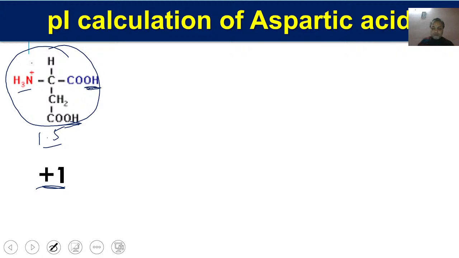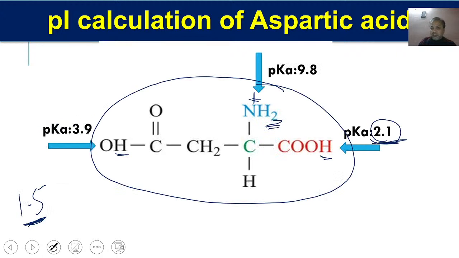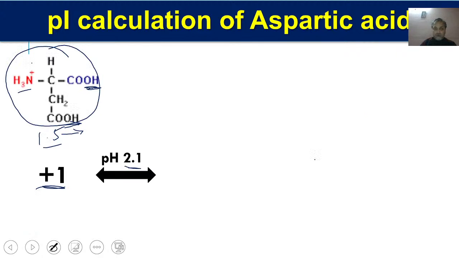Now we are going to increase the pH from 1.5 towards the higher side. So we have increased the pH from 1.5 to 2.1, and you know that at pH 2.1 this group is going to be dissociated. It will lose its H plus because its dissociation constant is 2.1.